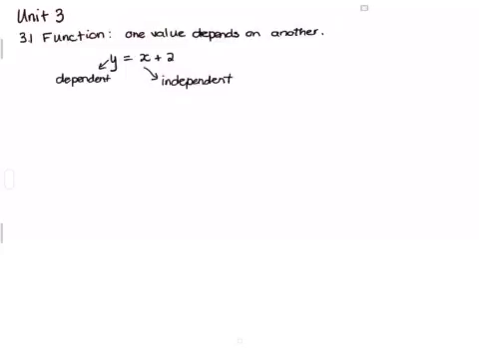We also say x is the input. It's the value you would choose independently of what y is. You will choose the value, put it in, and then you're going to get an answer for y, and that will be your output.